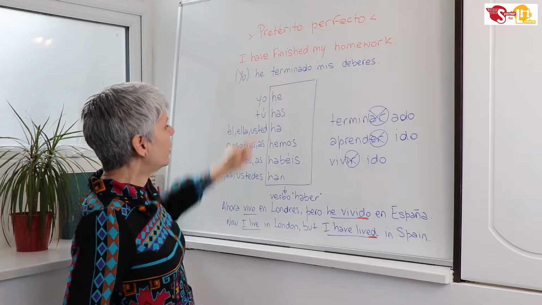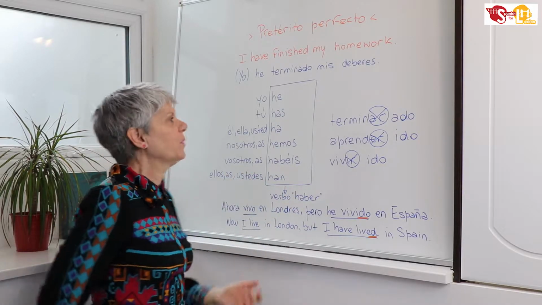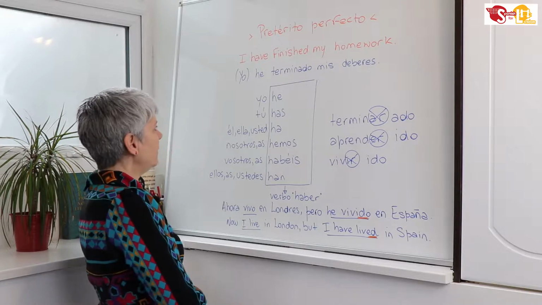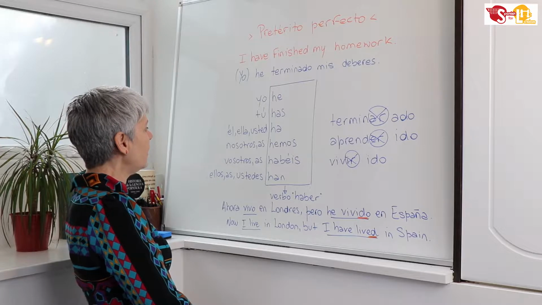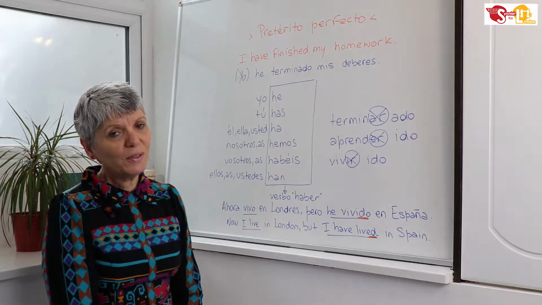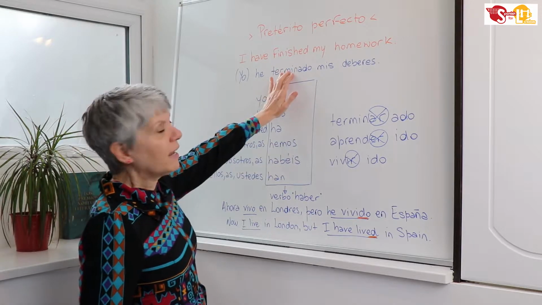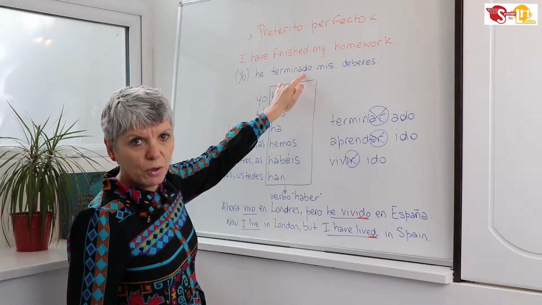So let's go with the verb haber, which is to have as an auxiliary verb. We say yo he, tú has, él, ella, usted ha, nosotros, nosotras hemos, vosotros, vosotras habéis, ellos, ellas, ustedes, han. And then I have to put the second verb, the main verb, in a particular form.